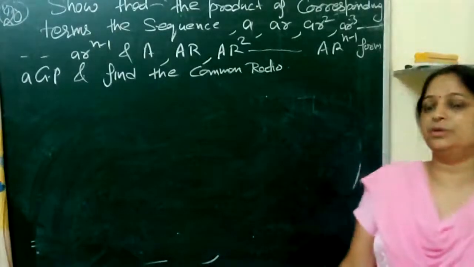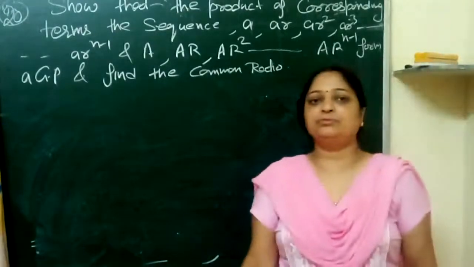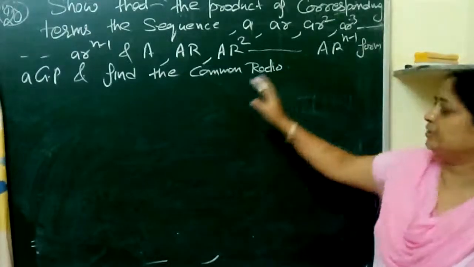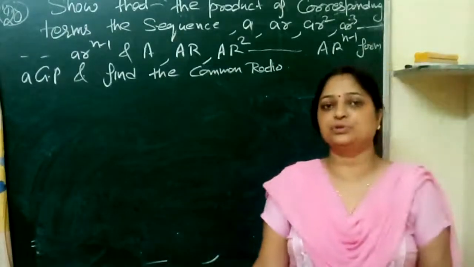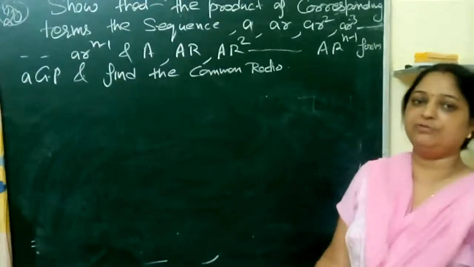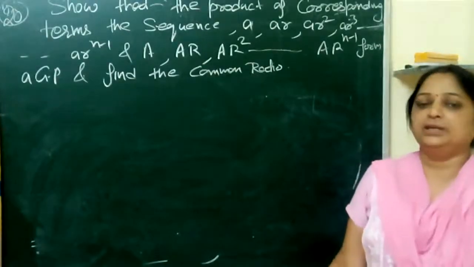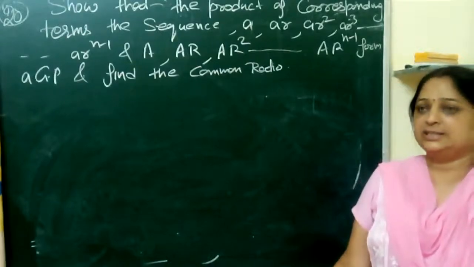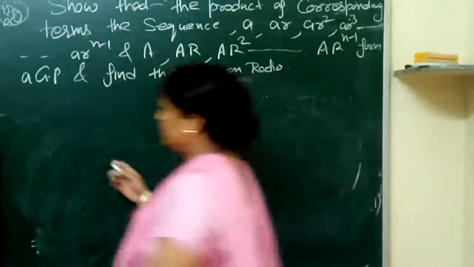Find out the common ratio. It means you have to take the product of these terms and then show it is a GP and show the common ratio. If the ratio is the same in all the terms, then you can say that it is a GP. So let us start the solution.